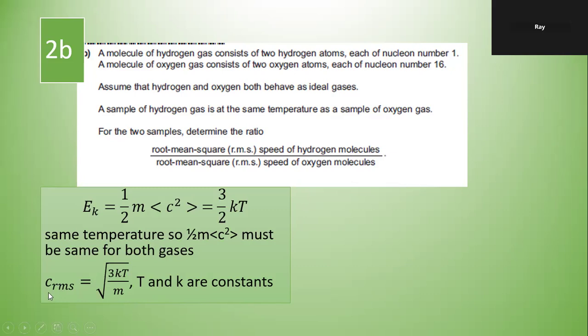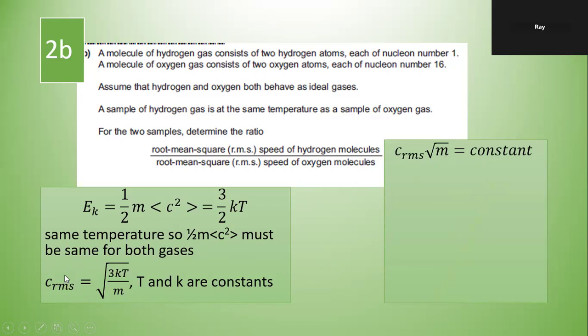So get the equation, the root of this one, half and half cancel off. M take it down. T and k are constant. You can use this equation. It's just a lot of calculation involved, a lot of repeated cancelling. I prefer to eliminate them.